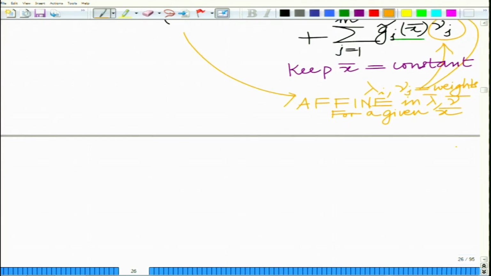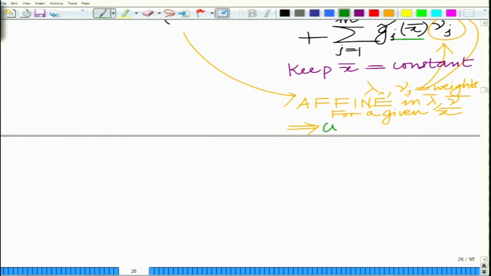Remember, any affine function, in the sense that it is a hyperplane, is a concave function. This is affine in lambda bar, nu bar, and therefore it is a concave function. So for each x bar, this is a concave function in lambda bar, nu bar.